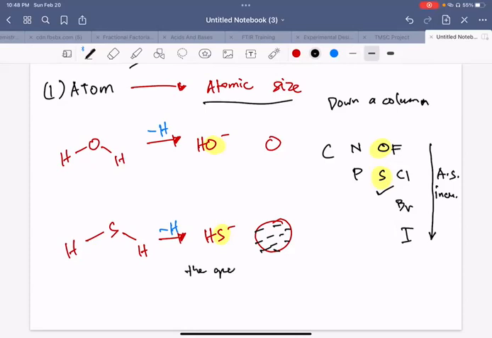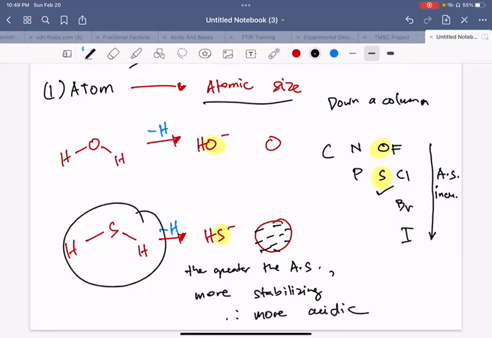The greater the atomic size, this means that it's more stabilizing. And when you have a more stabilized anion, you have the more acidic compound. Therefore, the hydrogen sulfide here is the more acidic compared with water.